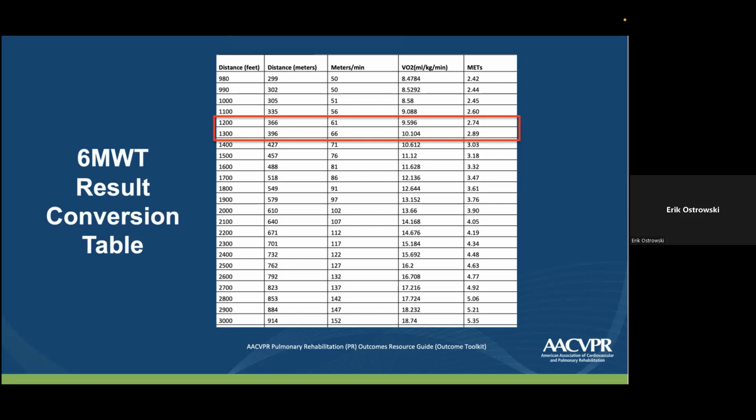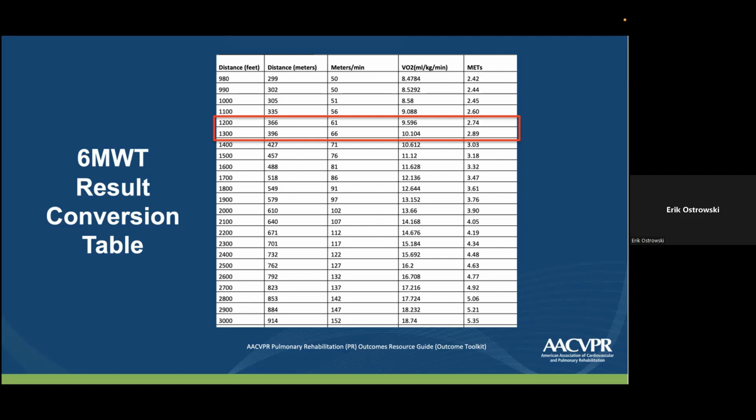But using our example, if we look at the leftmost column, this is the distance the patient walked in feet during the 6-minute walk test. And our patient walked 1,260 feet, if you recall. So right about in the middle of those two numbers. And if we look at the furthest right-hand column of the chart, that is METs.